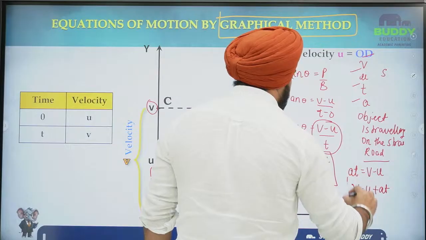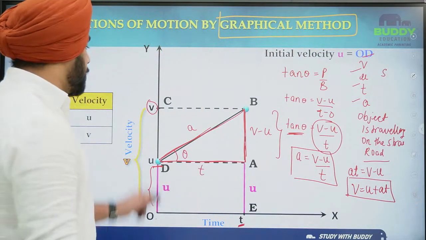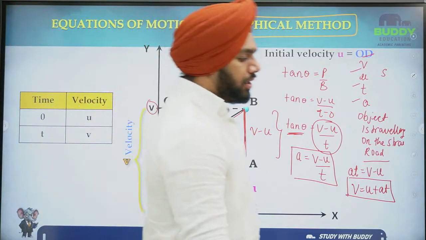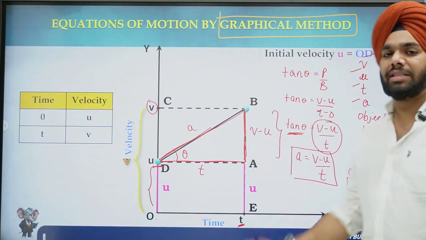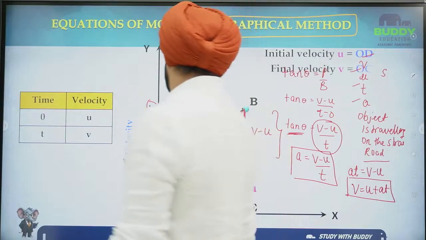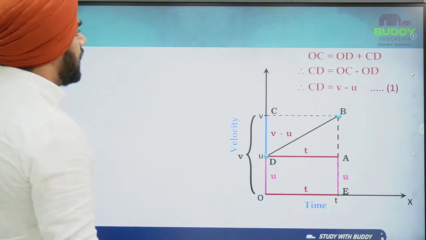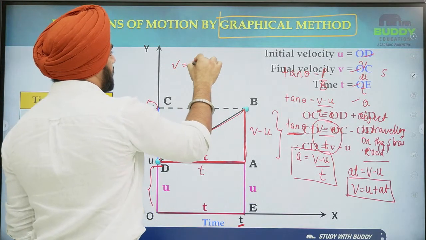Are we clear with this? v is equal to u plus at. So this is how we got the first equation of motion using the graphical method. We draw the graph and then we were able to find the relation. So now we got the first equation of motion, v is equal to u plus at.